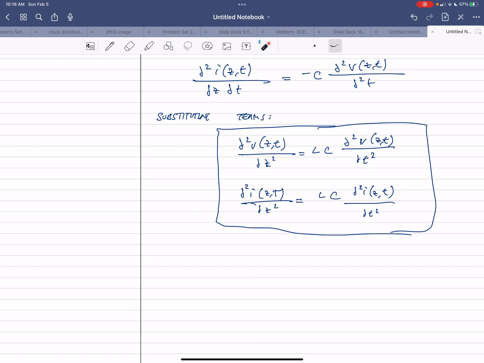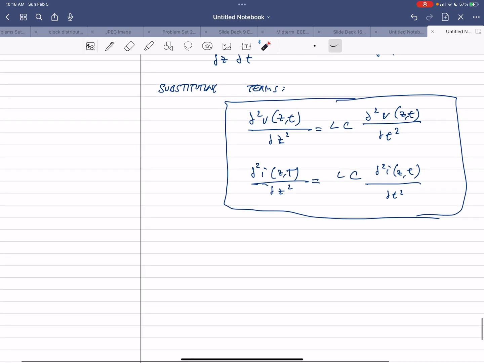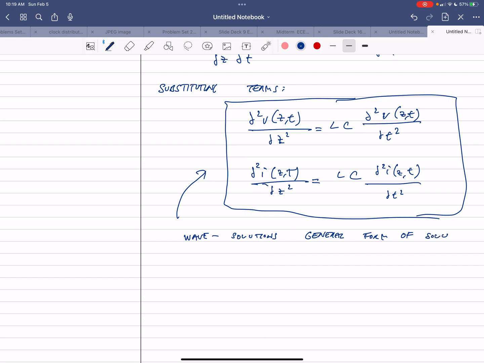I'm just going to tell you what they are. They're called wave solutions, the general form of solutions for these kinds of equations.